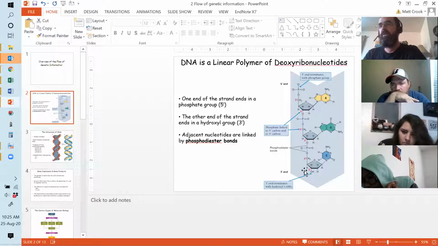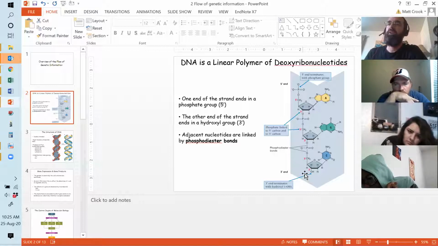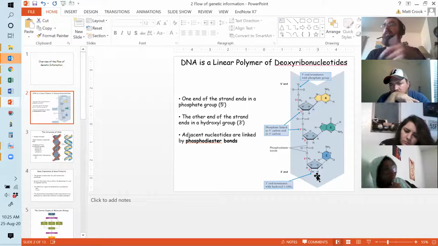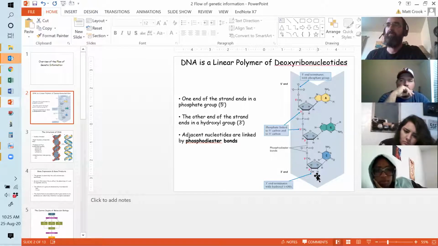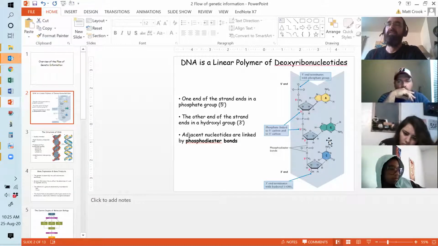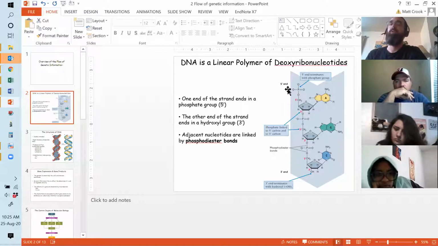And the 3 prime one is important because that has a hydroxyl group, which is essential for the dehydration reaction to form a phosphodiester bond with the incoming nucleotide. So this tells us that not only does DNA have a direction, but DNA can only be made in one direction.